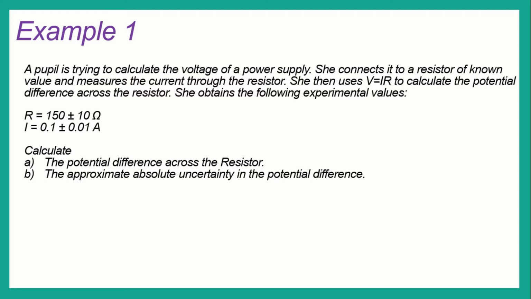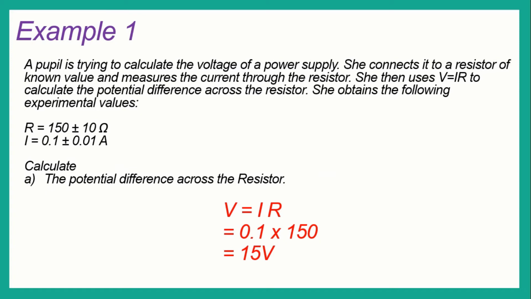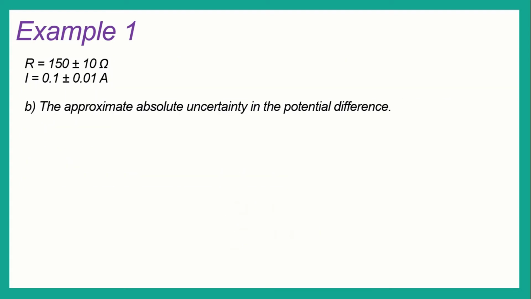To calculate the voltage across the resistor, we multiply the current by the resistance, 0.1 times 150, to give us 15 volts. Part B is where we have to combine these uncertainties to find the overall uncertainty in the potential difference. This is where we can't simply pick the largest number.